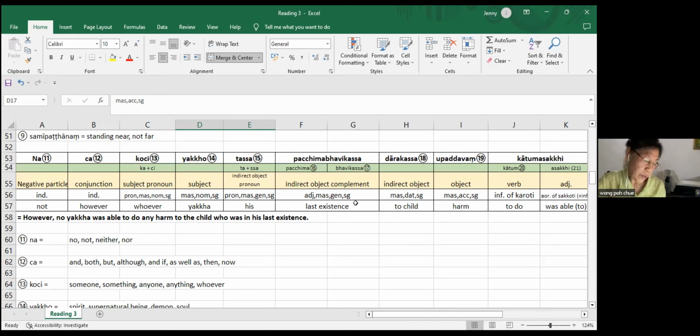And here Pavikasa, there's a bit of a confusion as to how to analyze this word, because Bavi looks like the past tense of Bawa, Bawati, and Kasa is the interrogative pronoun of Kim, can mean masculine genitive singular, referring to the last existence of the child.